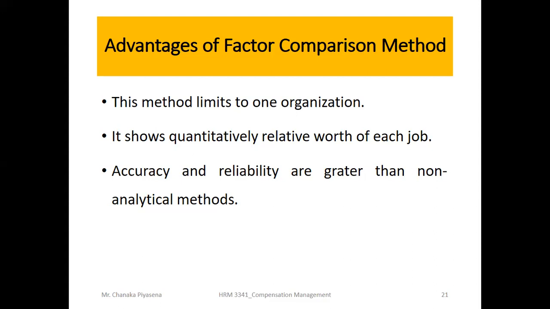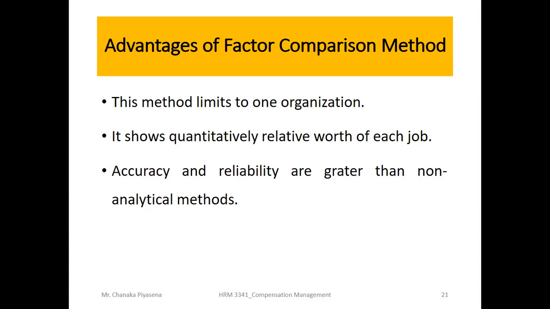The basic advantage is that this method is limited to one organization, because we are in the job evaluation process. Under job evaluation, the basic purpose is to identify the relative worth of the job, that is the internal value of the job.